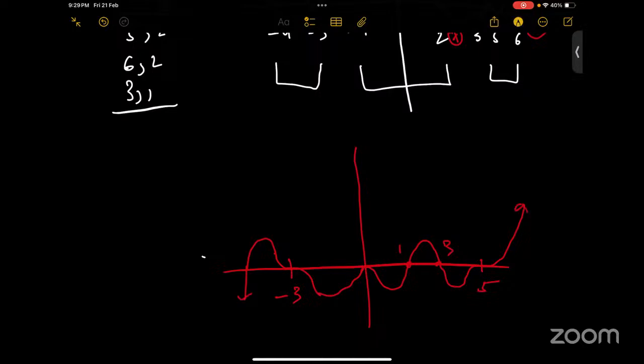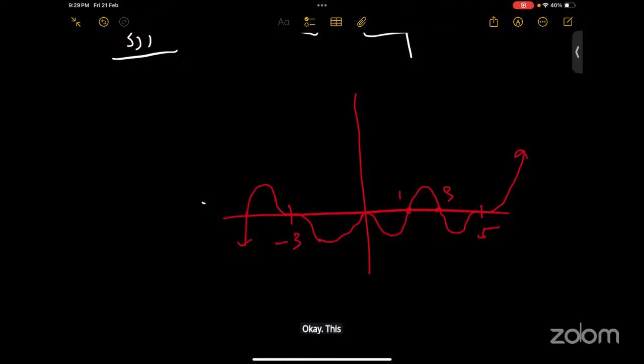Okay. This is the graph. You have to tell me the equation of the graph. I'm giving you some time to calculate it and tell me. After that, let me know.